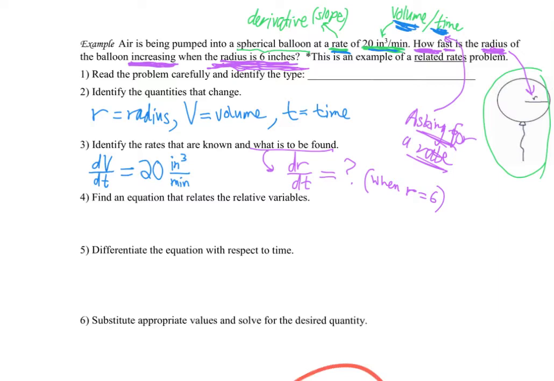So let's see, how can we write an equation? I'm now looking at number 4 here. How can we write an equation that relates the variables? Okay, we have to remind ourselves of a geometry formula. That's the volume of a sphere, which we'll review over here.